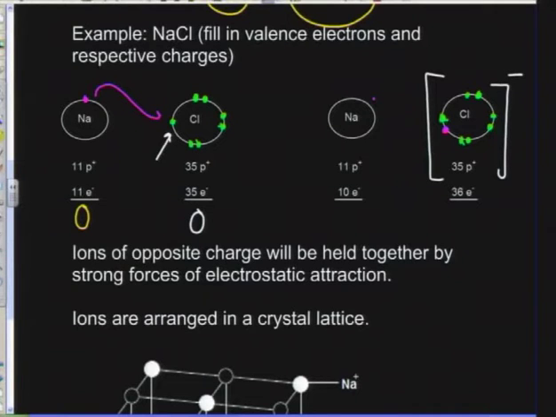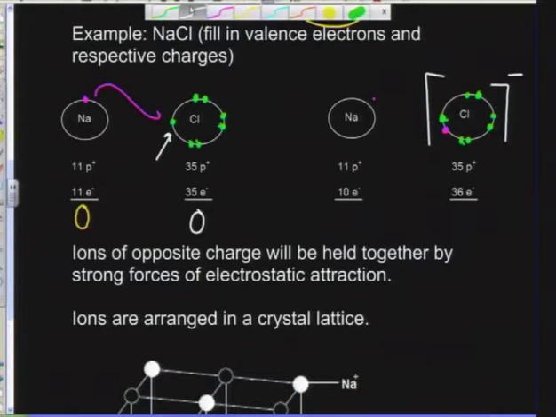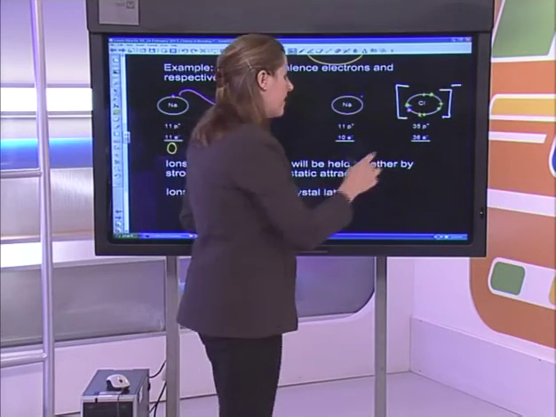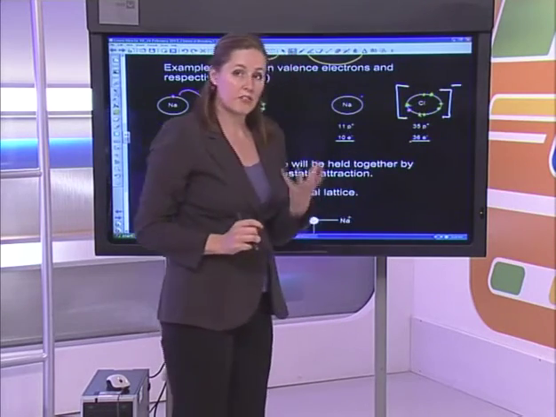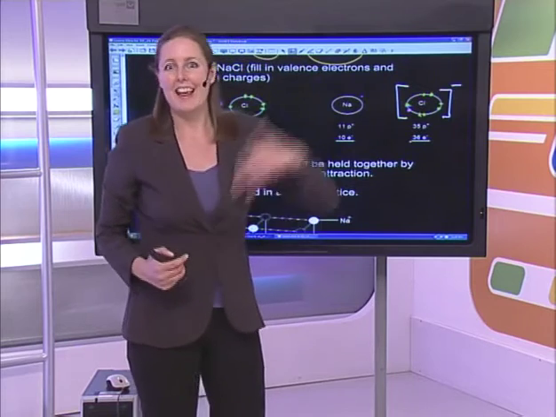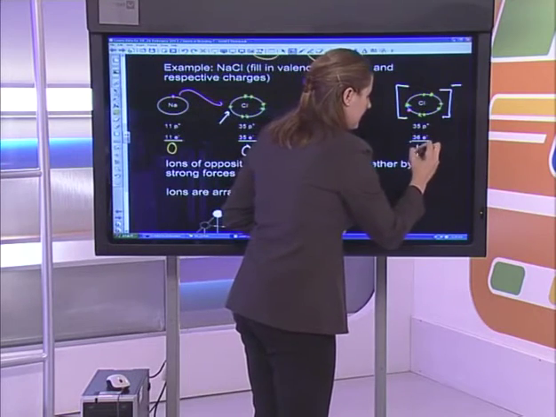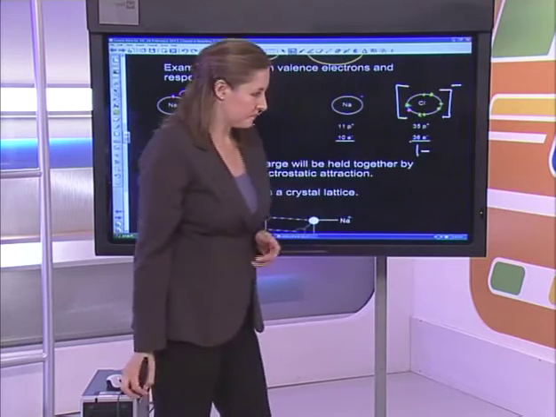Now, I think let's just shorten these brackets. Why do I say an overall negative charge? Well, because it's got an extra electron, and electrons are negative. So if you come across here, I've written 35 protons, because that's how many protons it has, its atomic number. And then it's now got not just 35 electrons, but an extra one. So 36 electrons, and so it's going to be a 1 minus charge.